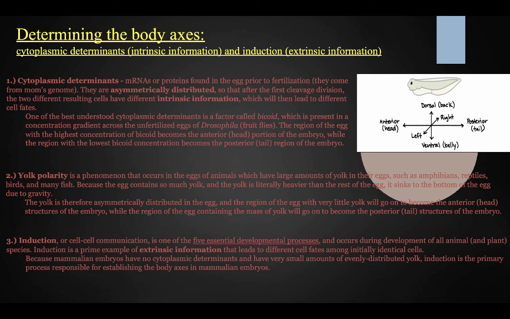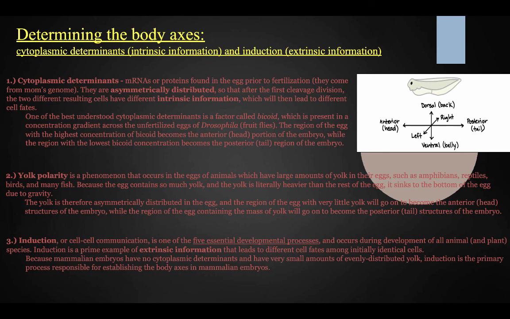And that's not much different than what happens with yolk polarity. If you have an egg that has a large amount of yolk, well, if you have ever had an egg, you know the yolk is the heavy, dense part of the egg. So gravity is going to pull that to one side or the bottom of the egg. And so now you have asymmetrical distribution in the egg.